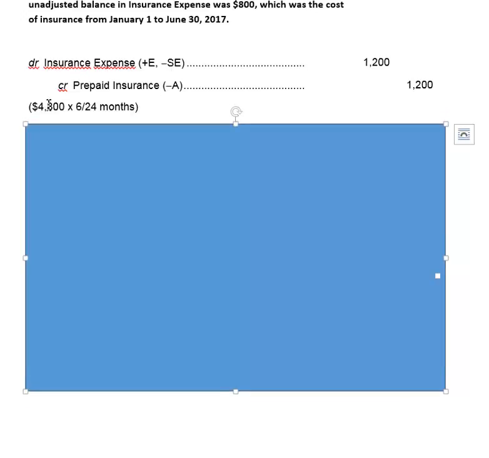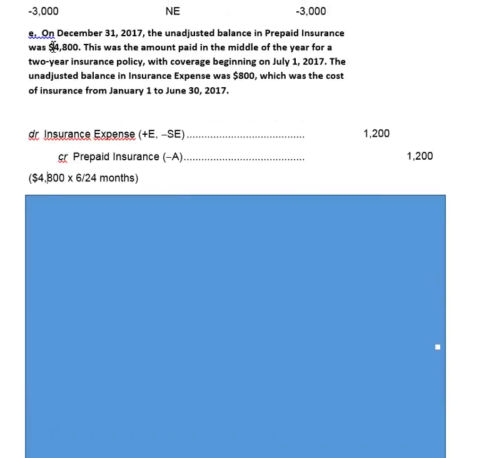Why? Because $4,800 was the renewal that we had for 2 years, but we renewed on July the 1st of this year. We want to know how much of that prepaid insurance of $4,800 did we use up. Well, we've only used up 6 months of it.